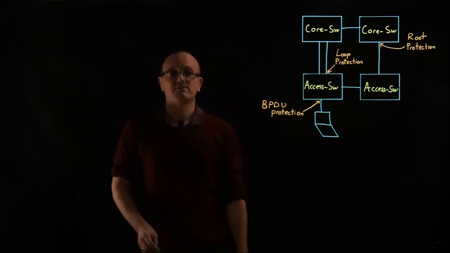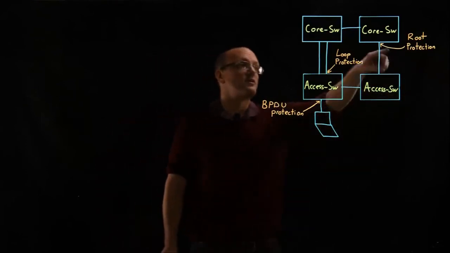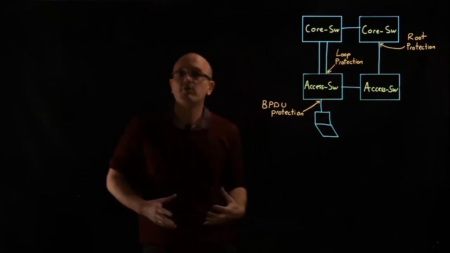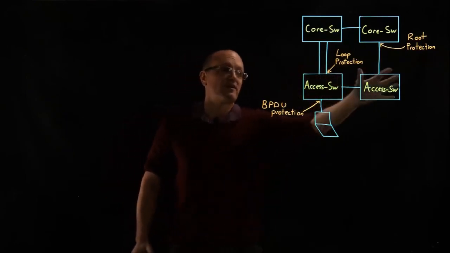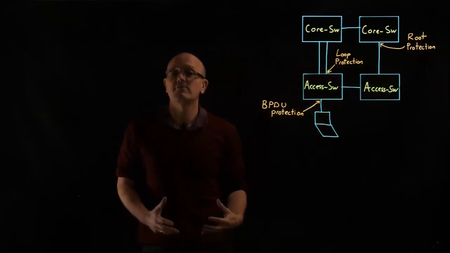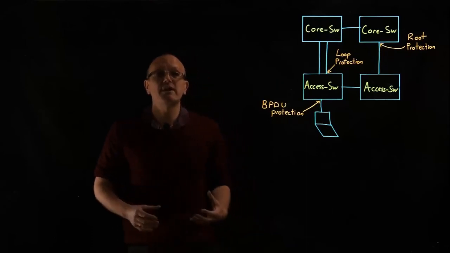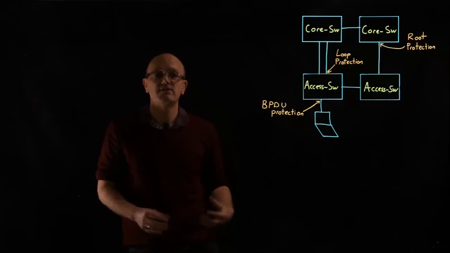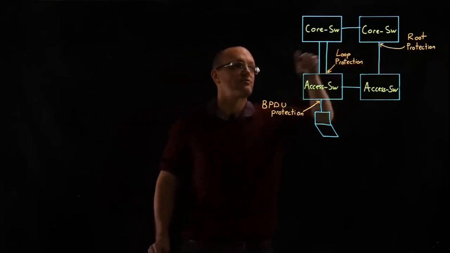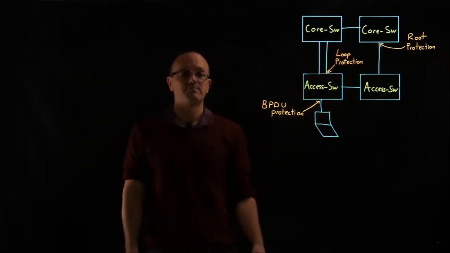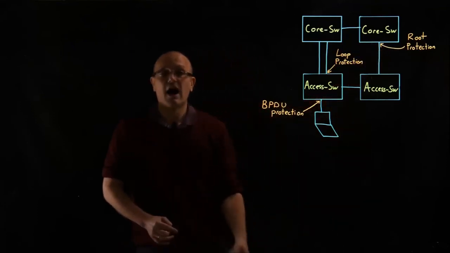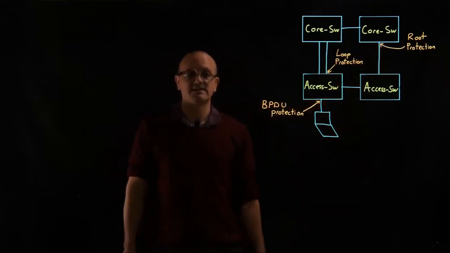So in this case, if you deploy root protection on the ports facing switch devices that should never become the root bridges, what happens here is if we ever receive a superior BPDU on those ports with root protection enabled, then those ports are put into blocking state.